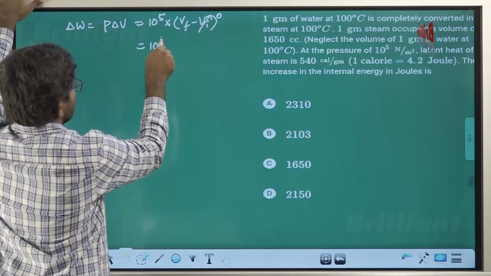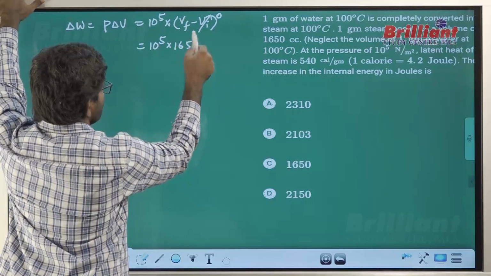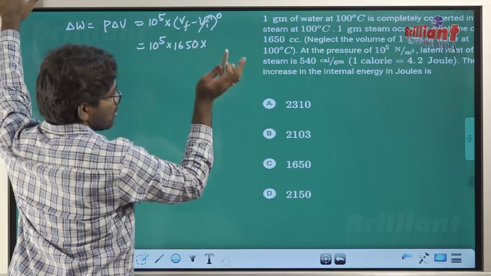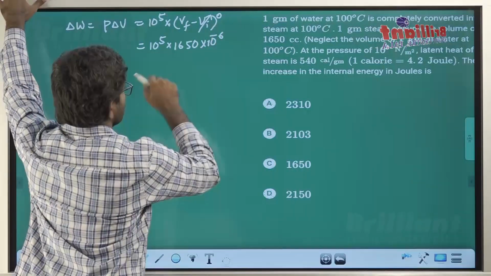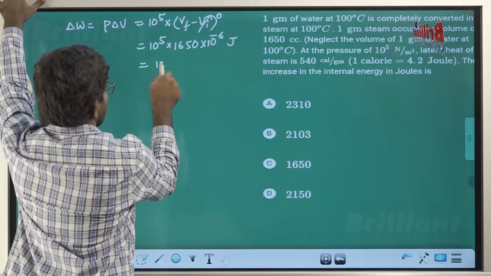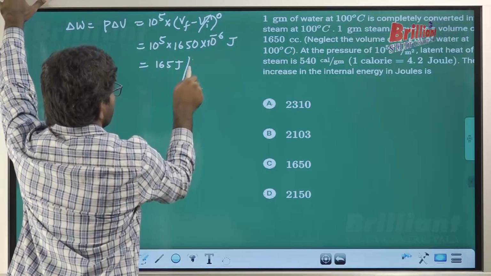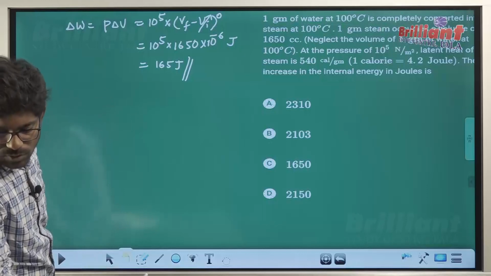Then what is the work done here? 10 power 5 into final volume, that is 1650 centimeter cube. 1 centimeter is 10 power minus 2 meter, so centimeter cube is 10 power minus 6. So this is the work done in joules. That will be 165 joules, you can write clearly. Right? 165 joules.